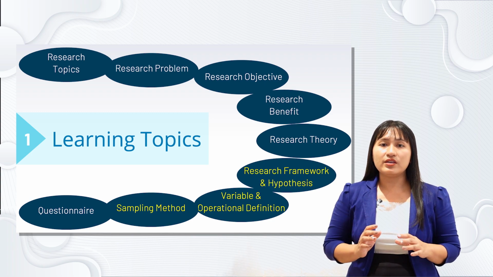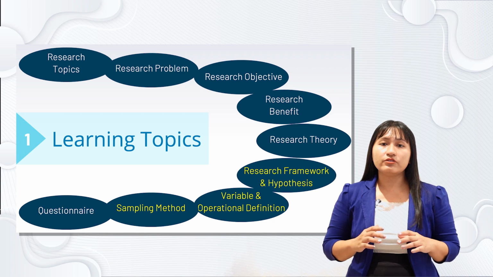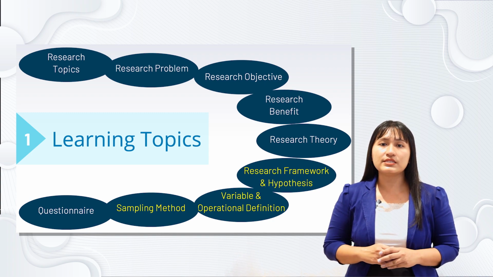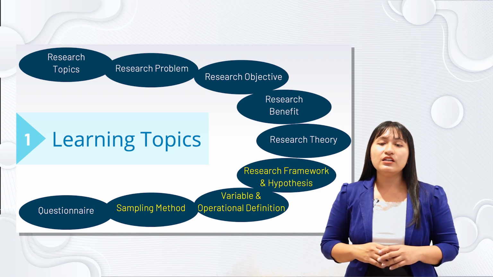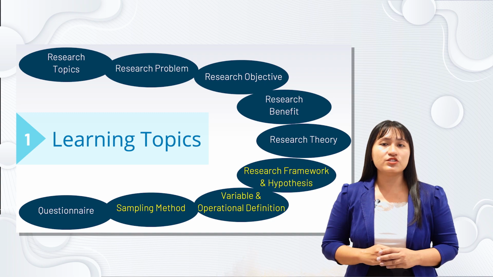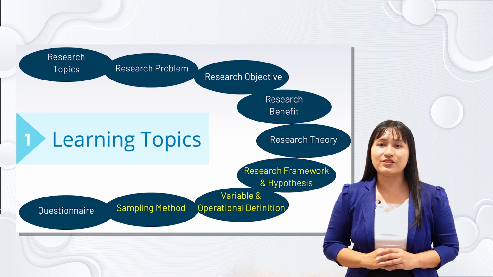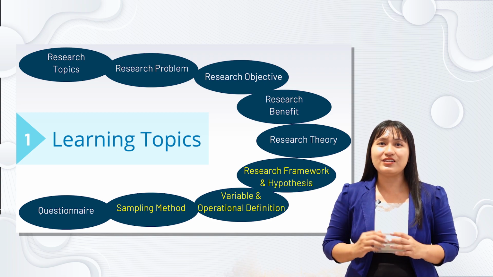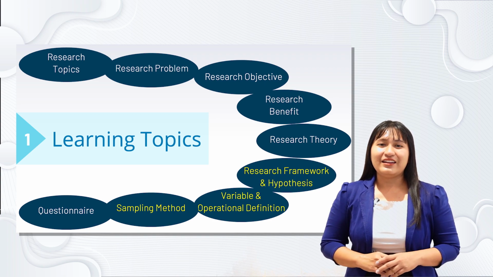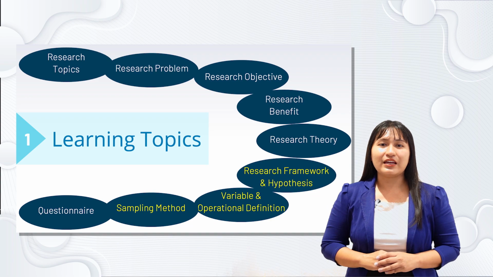Several things that make quantitative research different from qualitative research are the research framework and also the hypothesis. In qualitative research, we don't need to make a hypothesis, but in quantitative research, a hypothesis is a must to predict something. Another thing is the variables and also operational definitions.